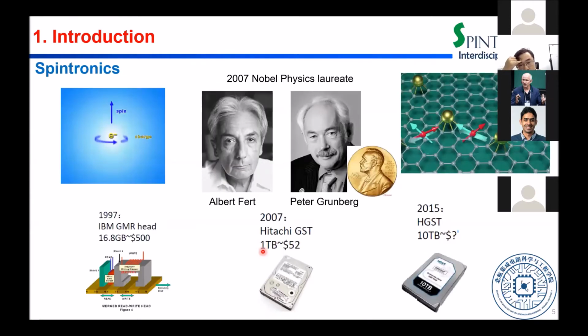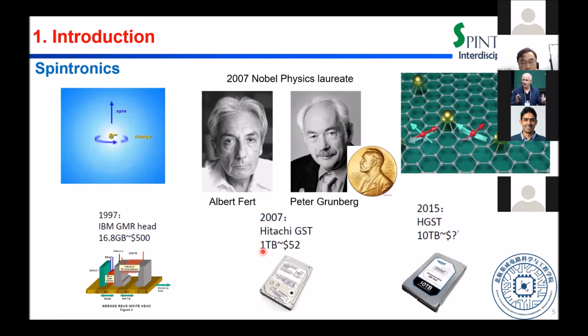Actually, today my topic is about one specific 2D material, the ferromagnetic 2D van der Waals material. It will introduce spin into the 2D van der Waals material. As is well known, spintronics has already passed 30 years.